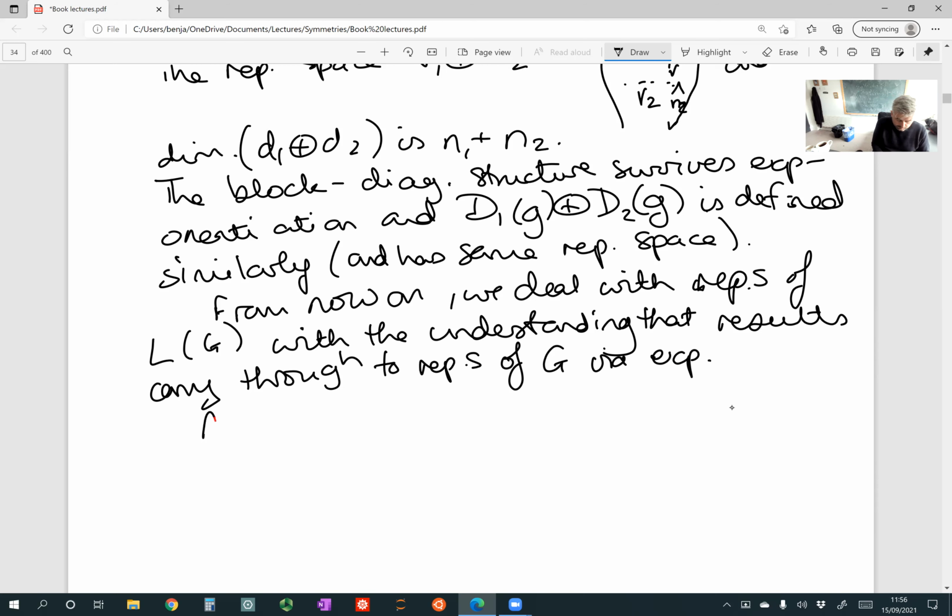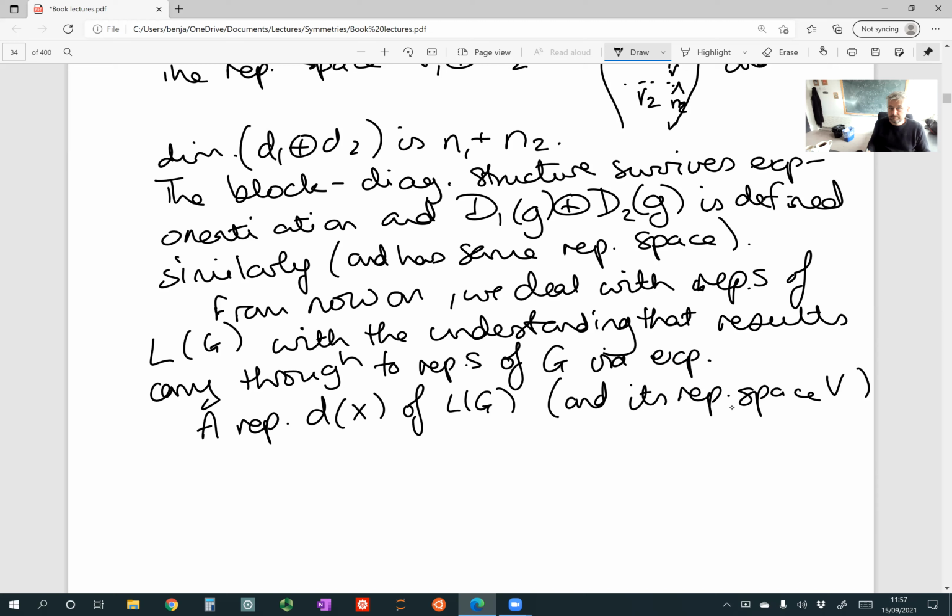So take a representation of the Lie algebra, let's call it D(X), and its rep space V. These can have an invariant subspace, so this is an important definition: invariant subspace.